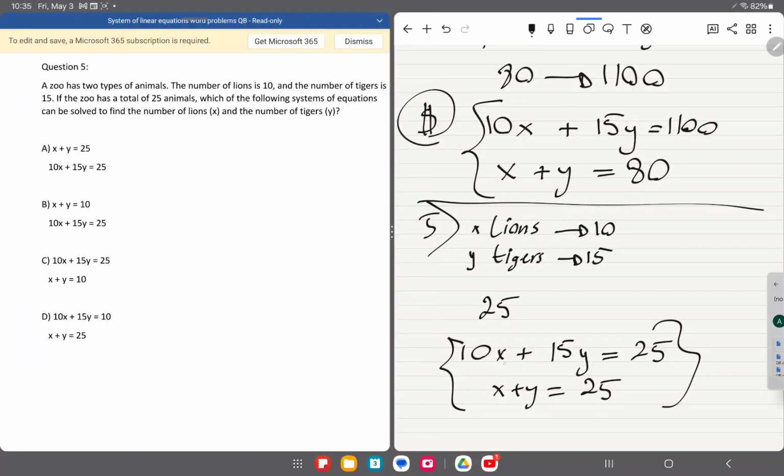10x and 15y is equal to 25. But if I say the number of lions and the number of tigers is equal to 25, it's not consistent. There's something missing here.